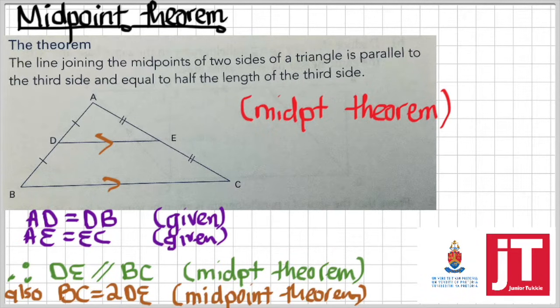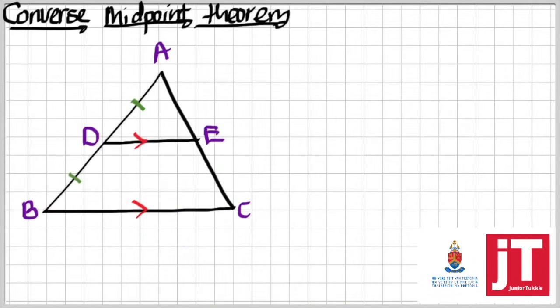We move on to the converse of that theorem. So when I look at the converse of the midpoint theorem, again, I'm going to make use of a diagram. And if you look at the diagram, it looks somewhat similar. But the difference with this diagram and the previous one is that with this diagram, which deals with the converse, we are already told that the line DE is parallel to the side BC, which we were not given previously for the midpoint theorem.